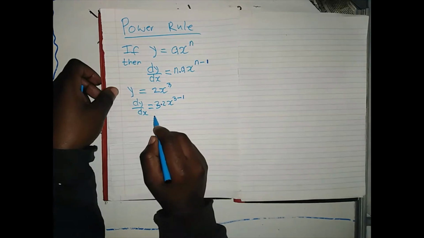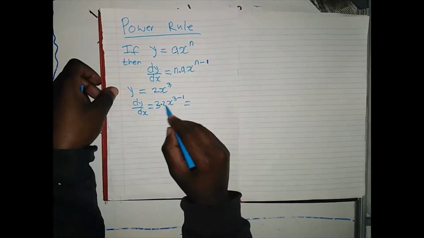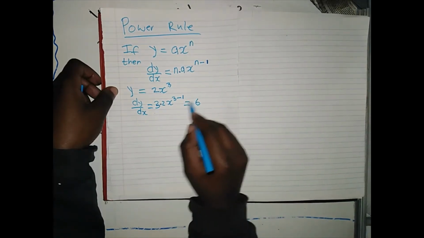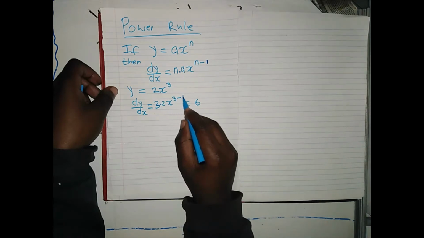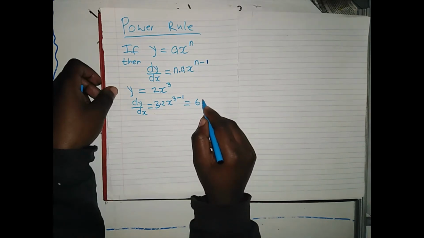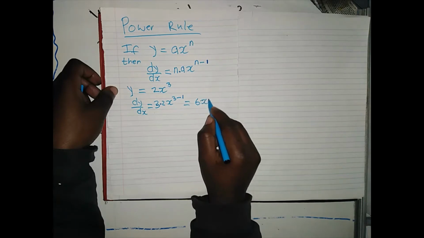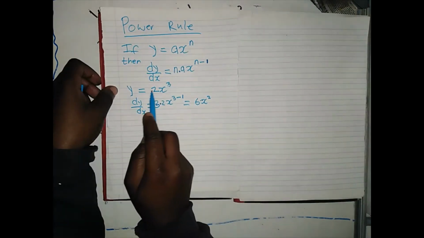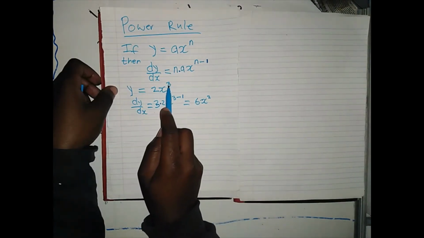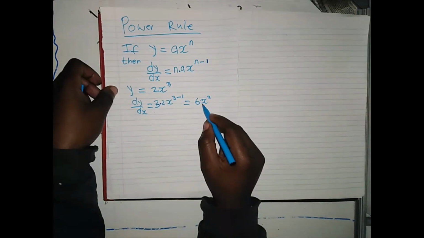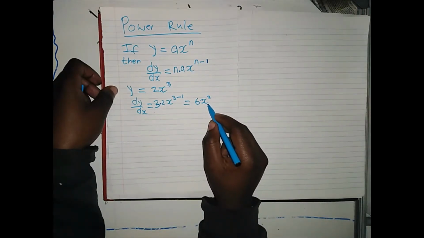So 3 times 2 is 6, and then x, and 3 minus 1 is 2, so 6x squared. The derivative of 2x cubed is equal to 6x squared.